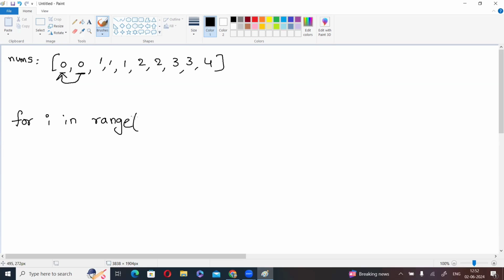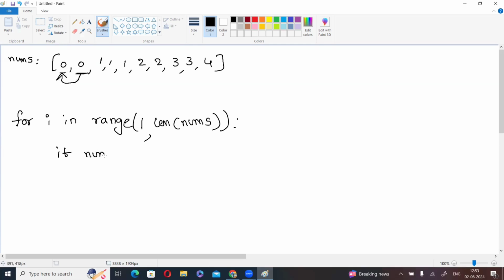That is the reason I am starting from 1. For i in range of 1 comma length of nums. Now, this element is compared with this element.